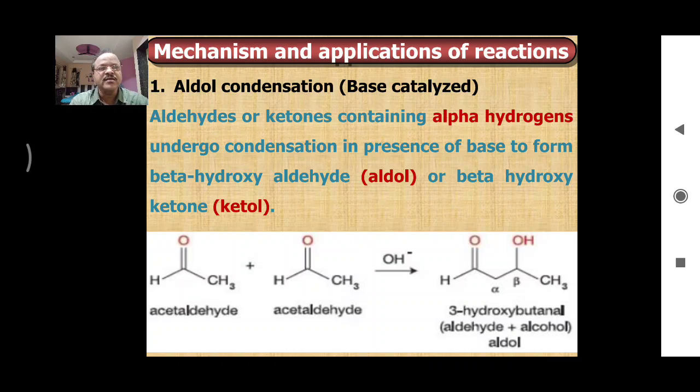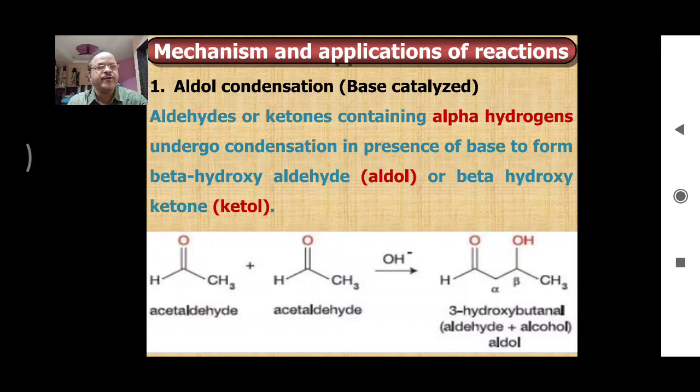Now let us see the specific reactions one by one, and the first reaction is called aldol condensation reaction, the base catalyzed aldol condensation reaction. Now what is this aldol condensation reaction? Aldehydes or ketones containing alpha hydrogens.